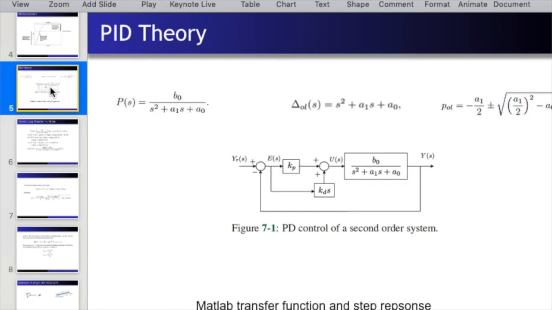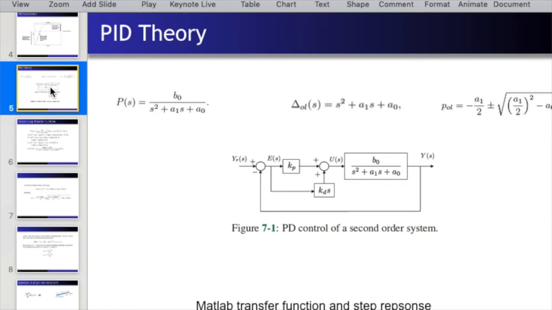So how do you enter a transfer function in MATLAB? There is a command called transfer function. You have to give the coefficients of the numerator and the coefficients of the denominator. The highest power is 2, and the numerator cannot have a higher power than that.